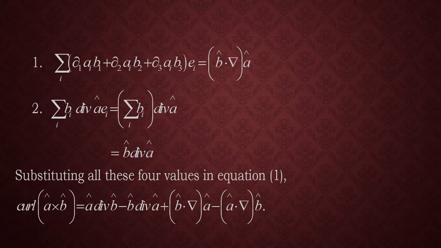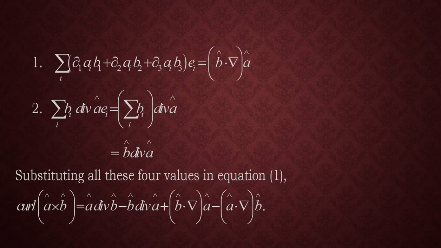So we get sigma over i of Bi div A cap Ei equals div A cap times sigma Bi Ei. Sigma Bi Ei is B1 E1 + B2 E2 + B3 E3, that is B cap. So we obtain summation sigma over i of Bi div A cap Ei equals B cap div A cap.